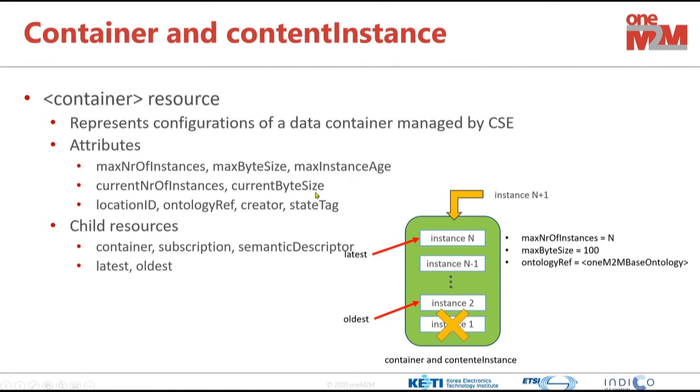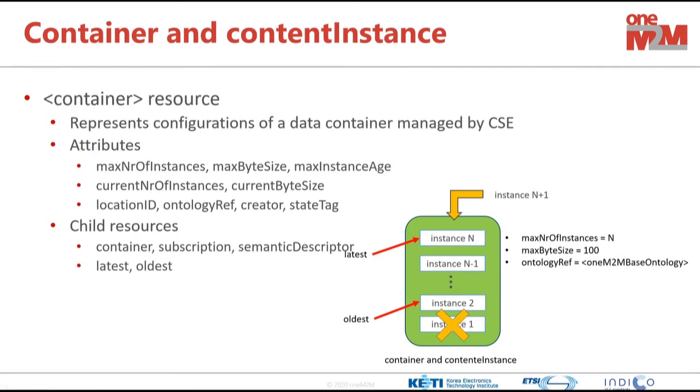So depending on the settings that we put inside the container resource that we are creating or updating, once the request is processed successfully, then the platform having this container resource is managing the container by the settings as attribute values.